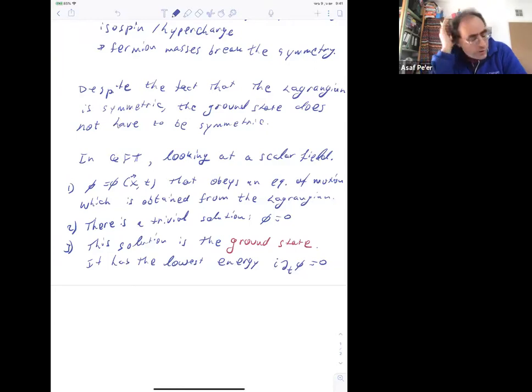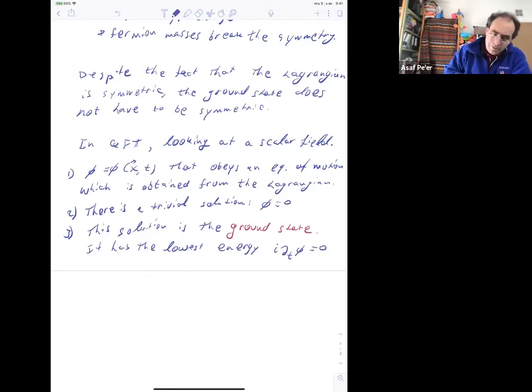In quantum field theory, we interpret this state as having no particles at all. So that's why we call it the vacuum state. In quantum mechanics, we say that there is a particle, it just doesn't have any energy, or it has the minimum energy it can have based on Heisenberg's uncertainty principle. But in quantum field theory, we simply say that in this state, there are no particles. So we call it the vacuum state.